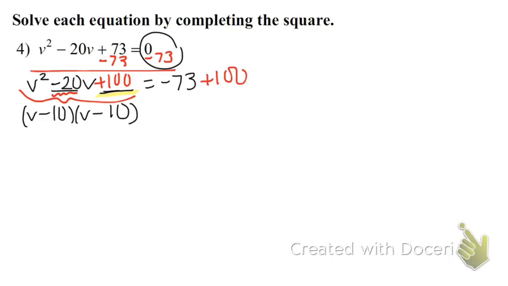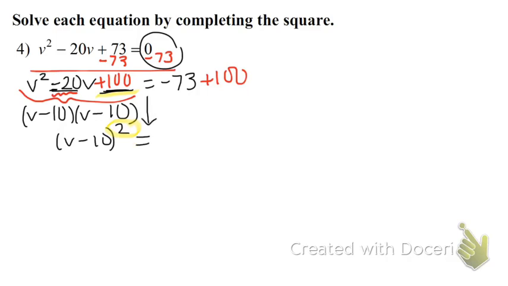It will always be the square root of this with this sign over here. And v minus 10 times v minus 10, that's really v minus 10 squared, and that's why we call it completing the square, because of this perfect square. On the right side, just do some cleanup, bring down this equal sign.